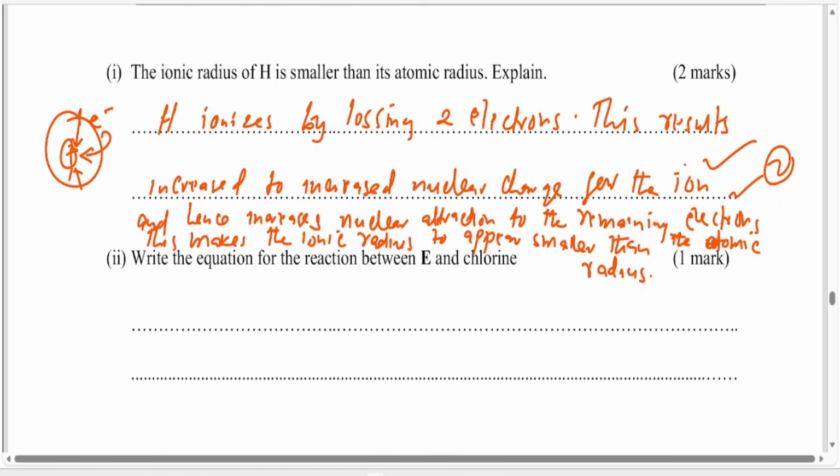And that is the reason why the atomic radius of metals is always larger than its ionic radius.